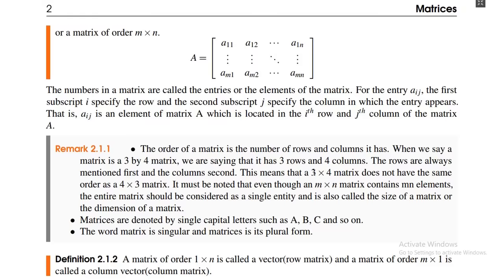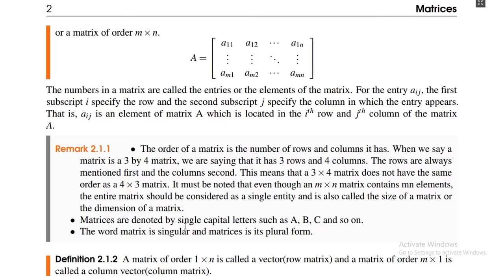This means that a 3 by 4 matrix does not have the same order as a 4 by 3 matrix. It must be noted that even though an m by n matrix contains mn elements, the entire matrix should be considered as a single entity, and m by n is also called the size or the dimension of the matrix.